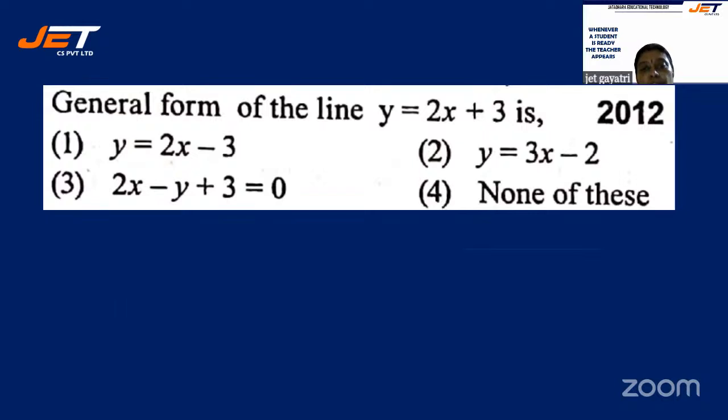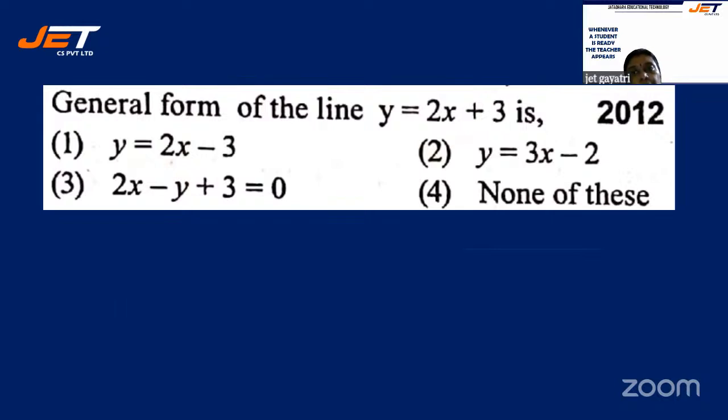The general form of the line y is equal to 2x plus 3 is dash. What is the general form of the line? This question has been asked in 2012, to be noted actually. So what is the general form of the line for the given equation, y is equal to 2x plus 3?